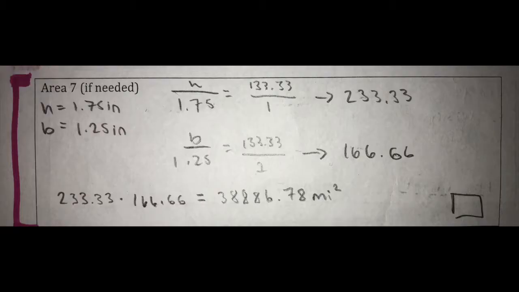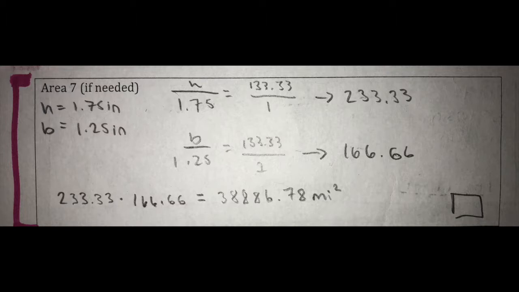For sections 7 and 8. Area 7, we found a height of 1.75 inches and a base of 1.25 inches. For the height, we set the proportion h over 1.75 inches equal to 133.33 miles over 1 as our mile ratio, getting 233.33 miles.